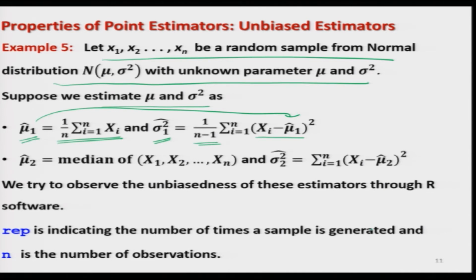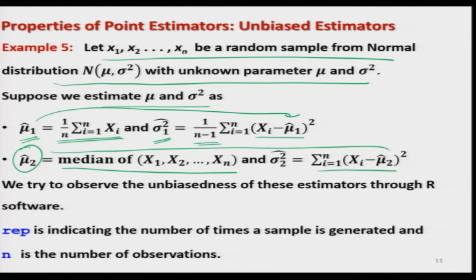Similarly, as the other option, instead of computing the mean, I compute the median of x1, x2, up to xn, and let this be my second estimator mu 2 hat. Based on that, we estimate sigma square as sigma 2 square hat, which is summation i goes from 1 to n of xi minus mu 2 hat whole square.